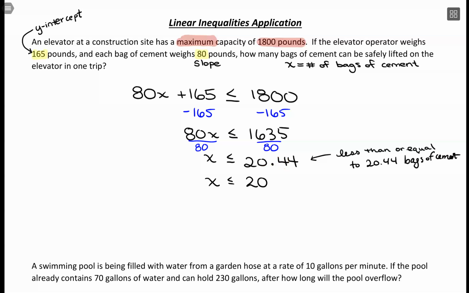which would be 20. Something I would even think about is that if it was a larger number, let's say it was like 20.7, I would still want to round down, if that makes sense. Because if I round that up to 21, then we're adding weight on and the elevator might break, even though it's like a few little teeny tiny pounds.